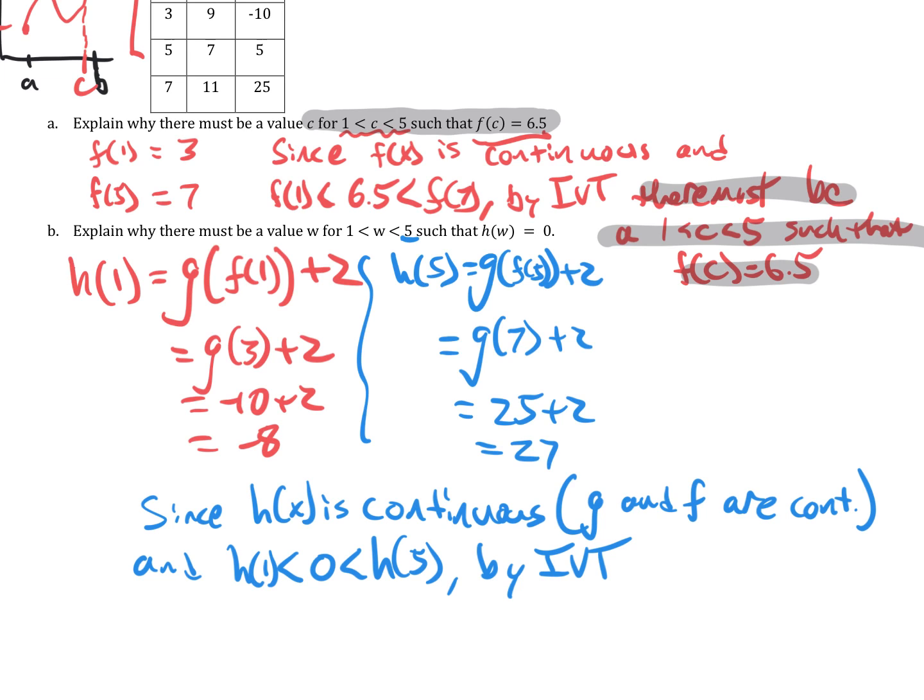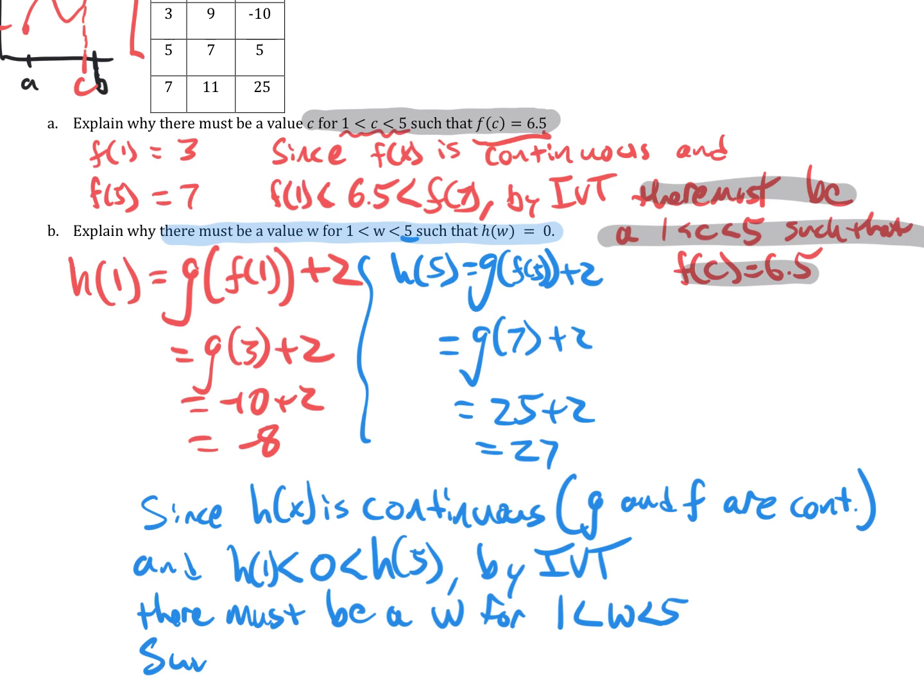Again, now we're just copying: there must be a w with 1 less than w less than 5, such that h of w equals 0.